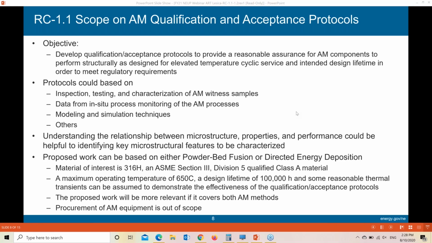Why is 316H the only material of interest? It is the material of interest for this particular scope because, A, it has been called out by a number of advanced reactor developers for different concepts, so there's this commonality. And B, 316H is a material that we know a lot about in terms of its properties for the raw product form.